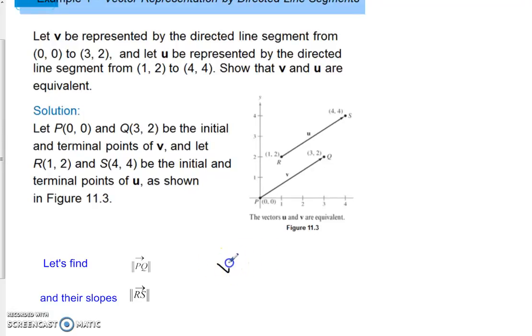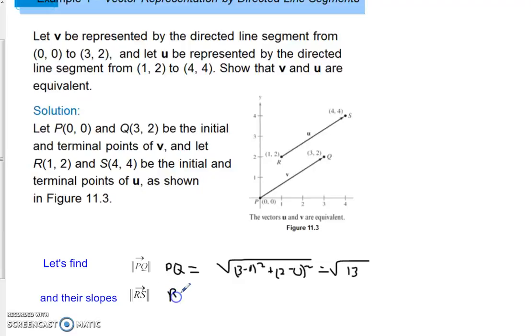This is PQ: the square root of 3 minus 0 quantity squared, plus 2 minus 0 quantity squared. Of course we know what those are, I just want you to see what we're doing. So that will equal the square root of 13.